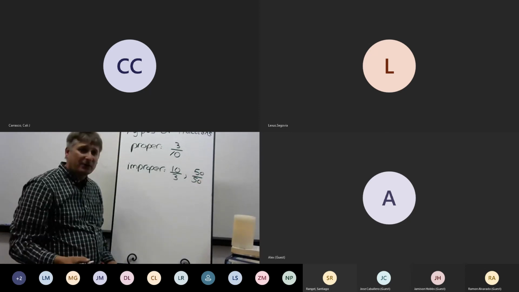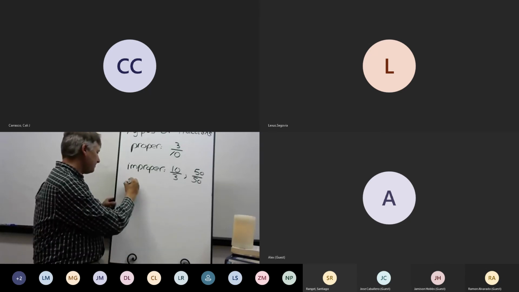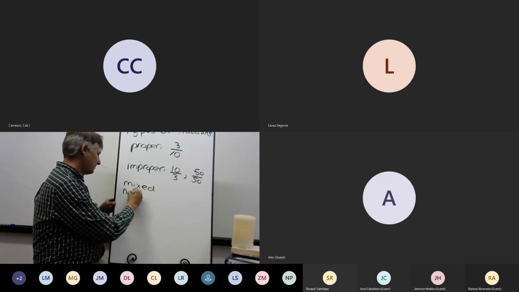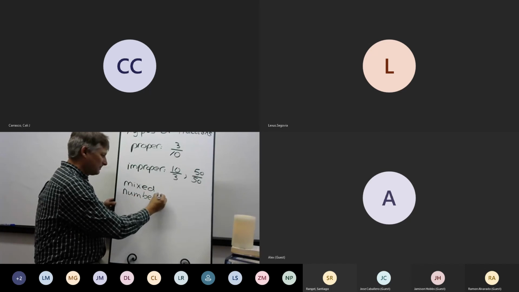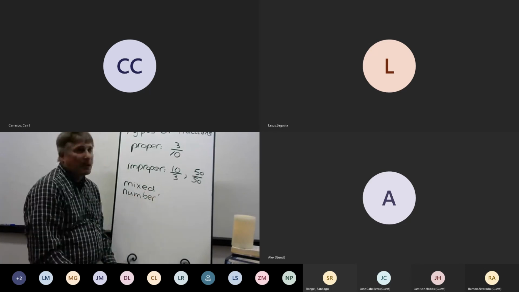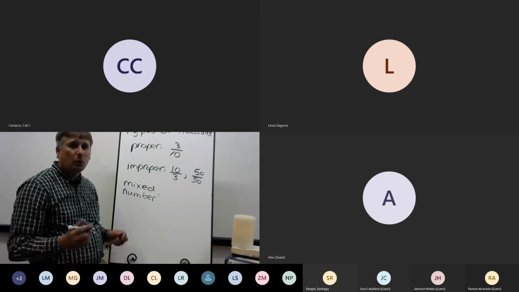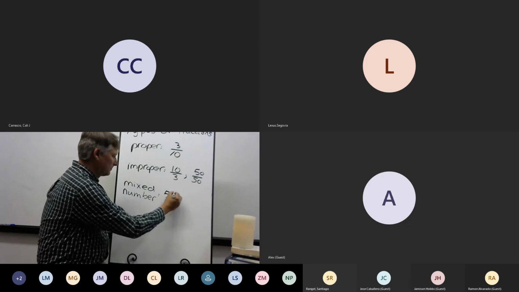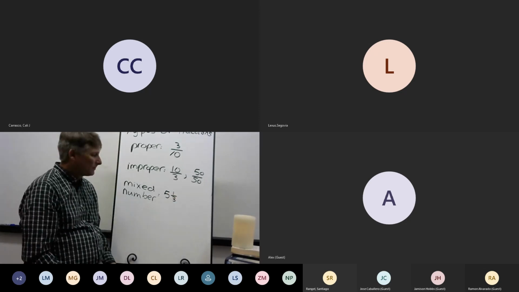Now, the other kind of fraction you run into is called a mixed number. A mixed number is really a composite. It's a whole number with a fraction. So you might have seen something like this.